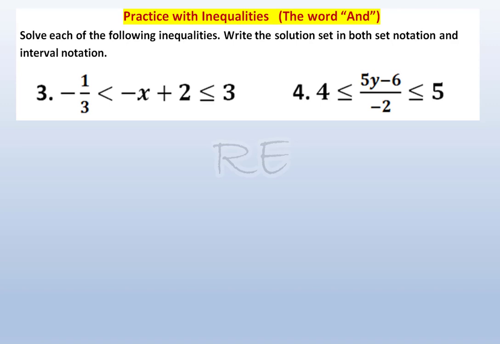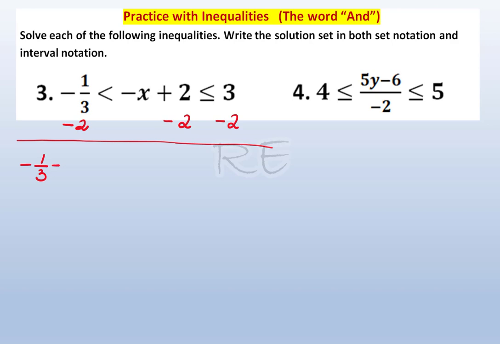We're going to solve each of the following inequalities with the word and. We subtract 2 from all three sides. We get -1/3 minus 2.